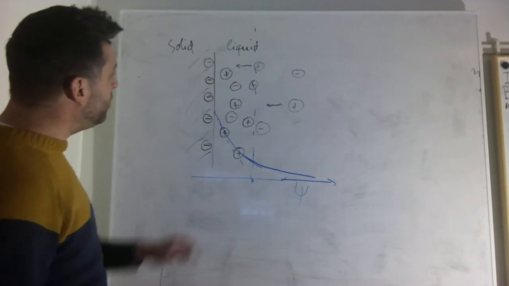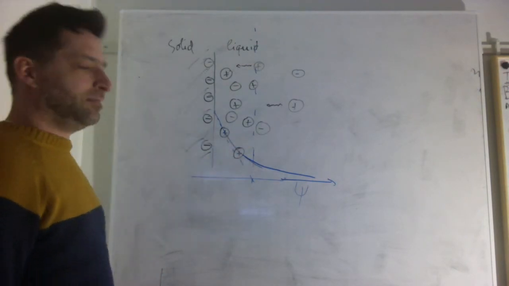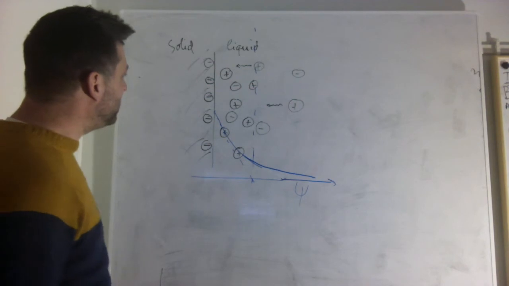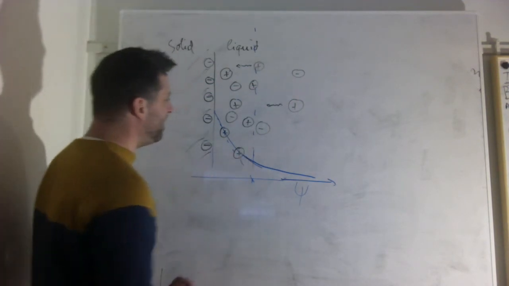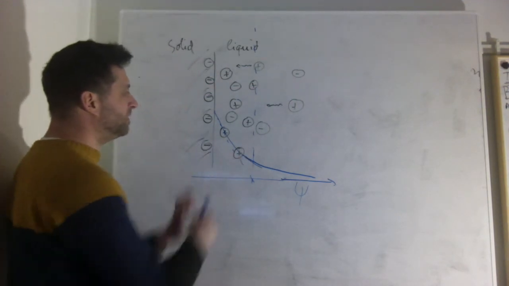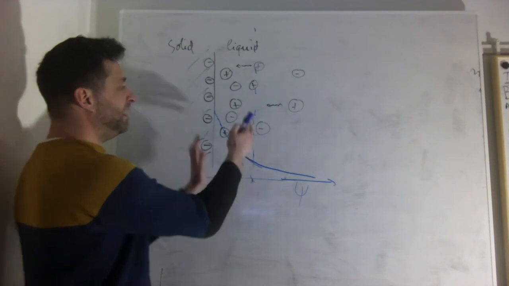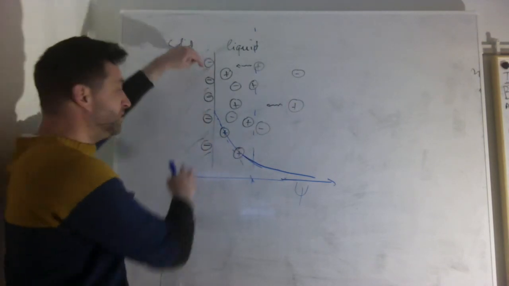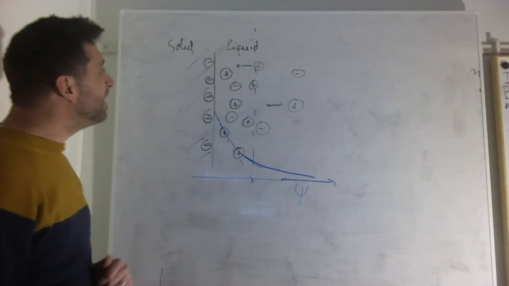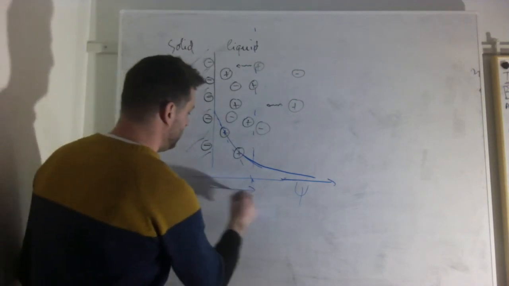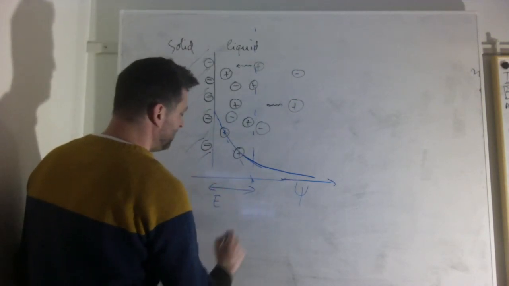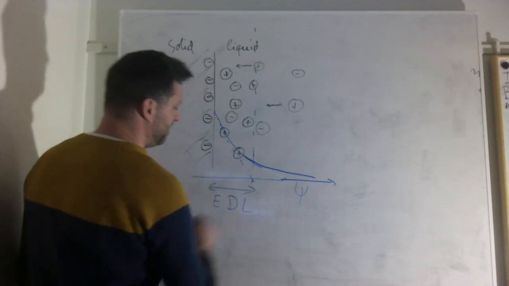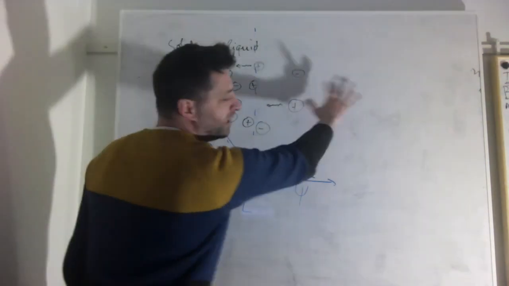And this is what I call the electrostatic double layer. It is a layer close to the interface where I have a net positive charge. It could also be a net negative charge if I had positive surface charges. So this is what we call the electrical double layer. And the liquid out here, I call the bulk liquid.